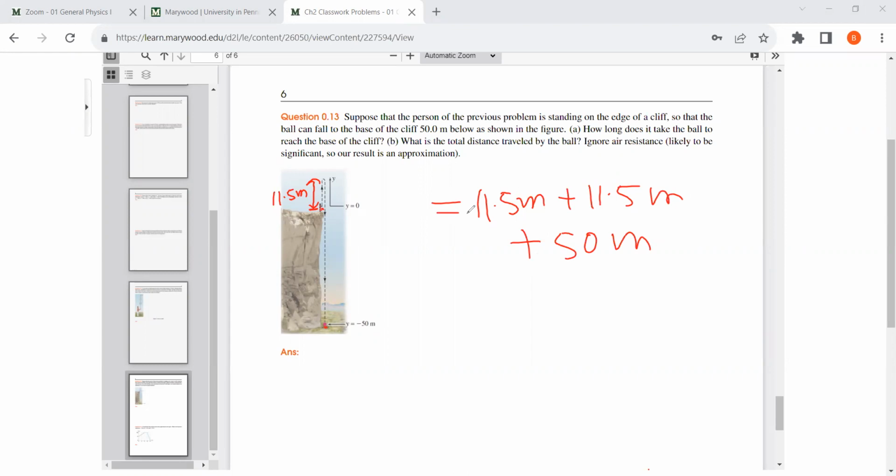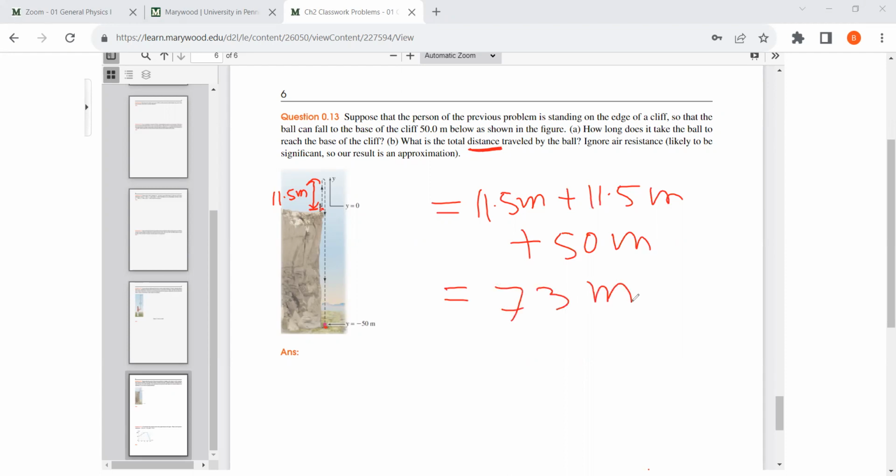Here we are only interested in distance, so we don't care about the sign. We are basically caring about the absolute value. So 11.5 meter up, plus 11.5 meter down, and then 50 meter to the base of the cliff. So the total is 73 meters.